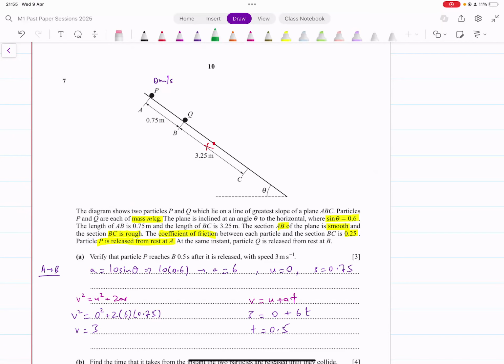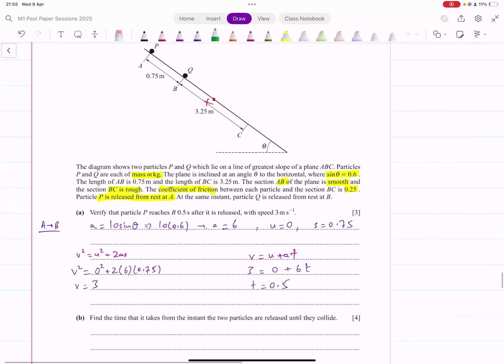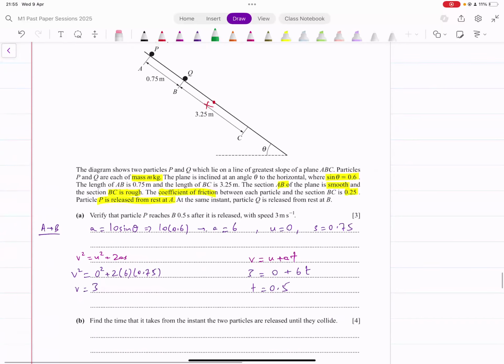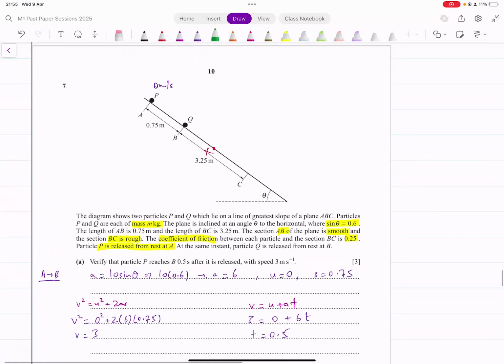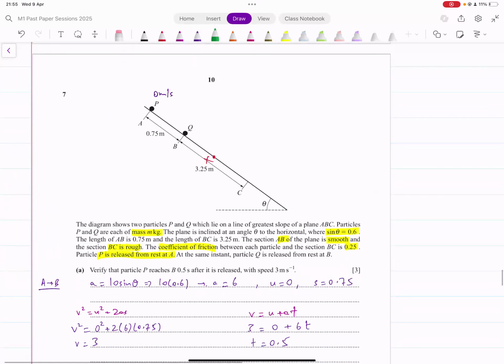And at the point Q, its velocity is 3 meters per second. That's the velocity of P at this point. Velocity of Q, what's that? Velocity of Q is 0. It starts from 0 meters per second.